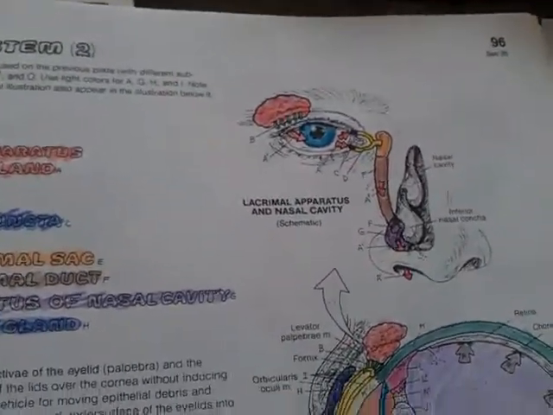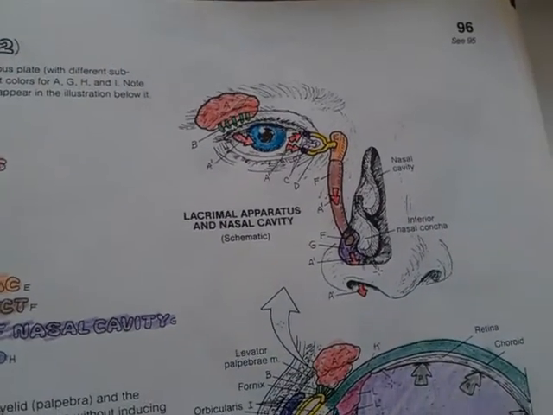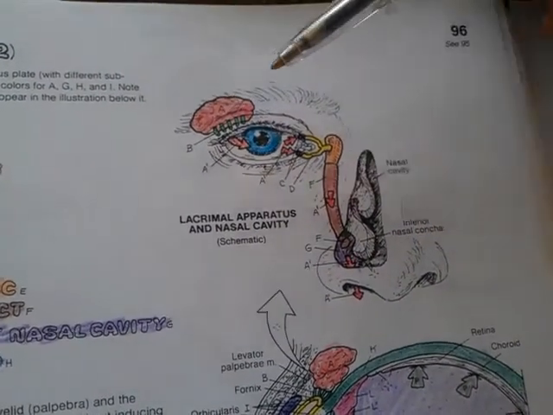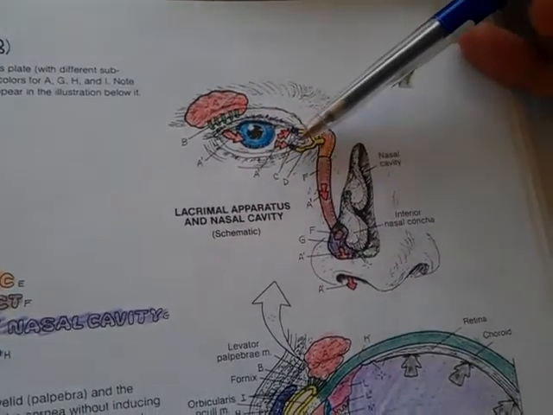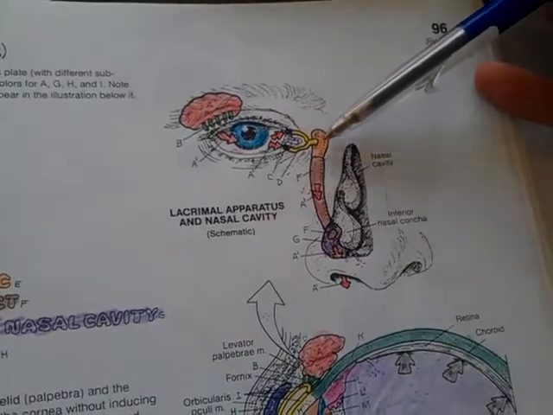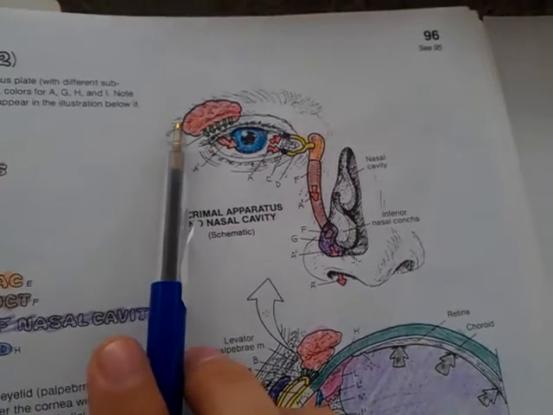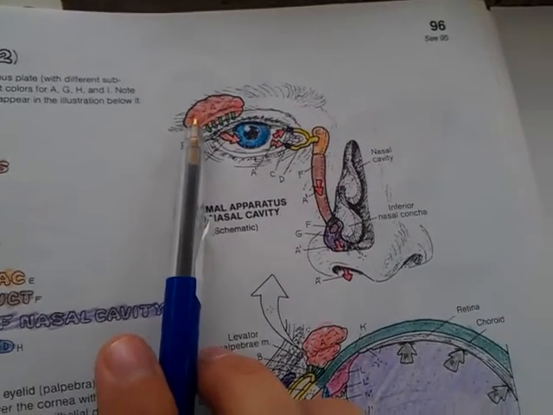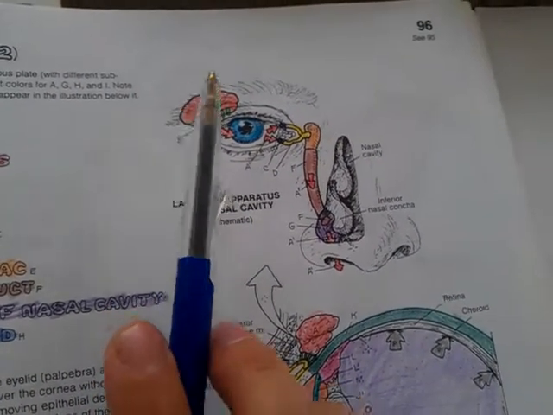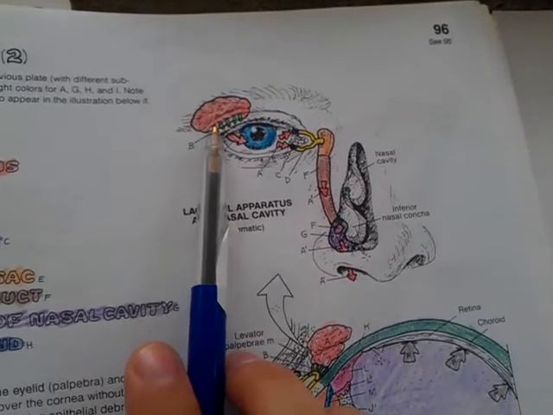Then we have lacrimal apparatus, which consists of lacrimal gland, lacrimal canaliculi, lacrimal sac, and nasolacrimal duct. The lacrimal gland consists of an orbital portion and a palpebral portion.